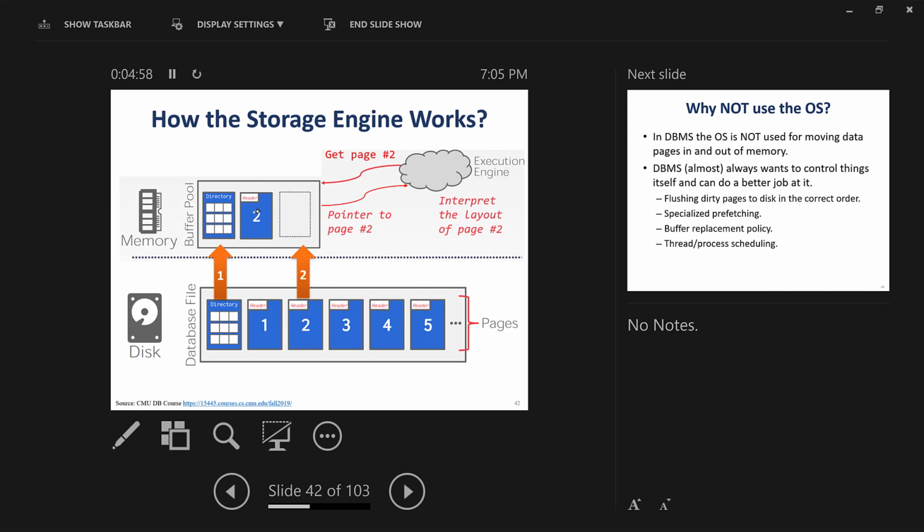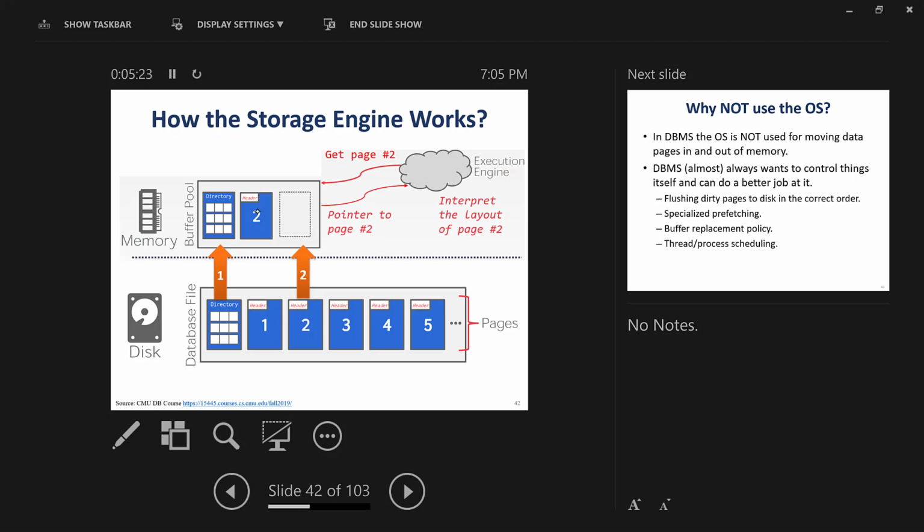We say to the caller, most likely the query execution engine, you asked for page 2, here is a pointer to page 2, this is a location in memory, go and help yourself. And the query execution engine will go through the content of this page.